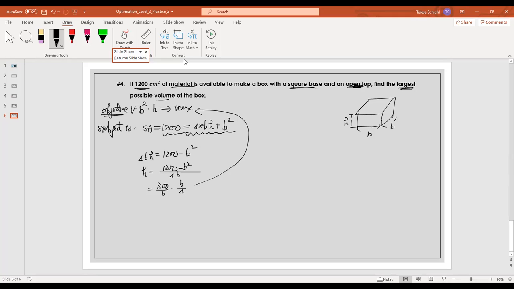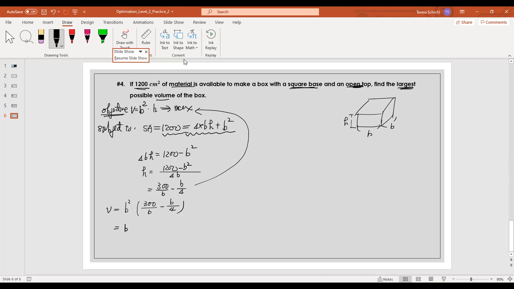All right, now you substitute into your objective function, the volume. The volume here is b squared times h, and h is 300 over b minus b over 4. So now here use your distributive property.